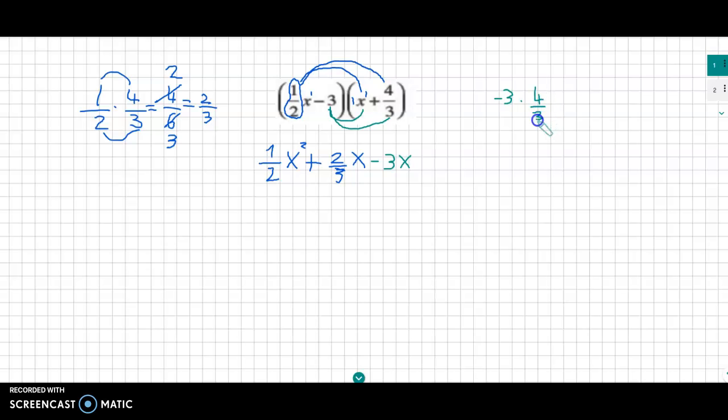Remember that when we are multiplying by a whole number, we need to write a 1 in the denominator, and we multiply numerators and denominators. So it will be minus 3 times 4, which is minus 12, and 1 times 3, which is 3. We don't have any variables, so we just write the same here. So it will be minus 12 over 3.